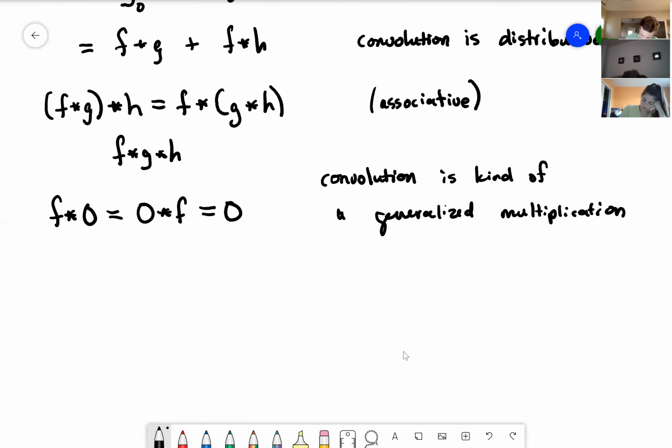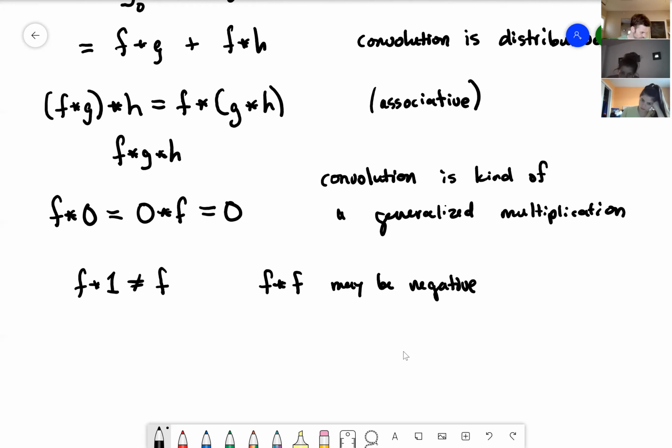Now, a couple of properties it does not have. F star 1 in general is not equal to f. So convolution by 1 is not the identity operation; you don't just get the same thing. And f star f may be negative, unlike multiplication of a real number by itself.